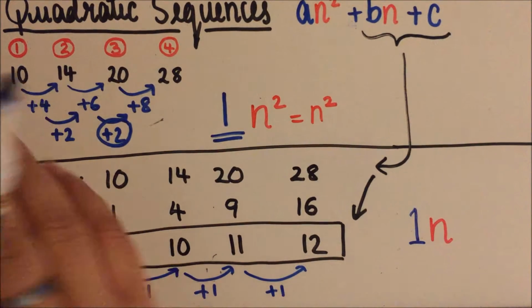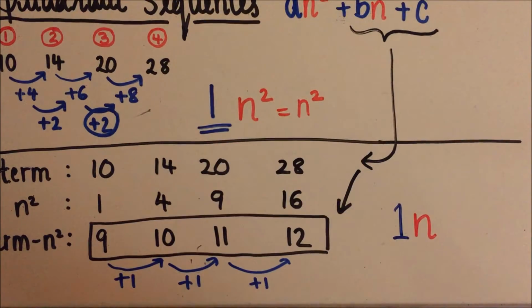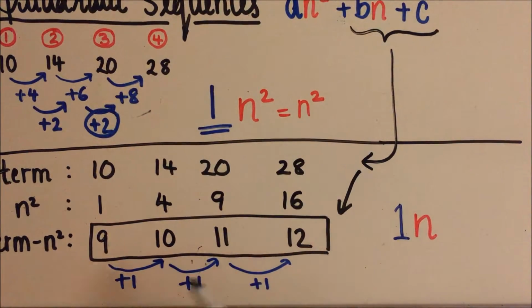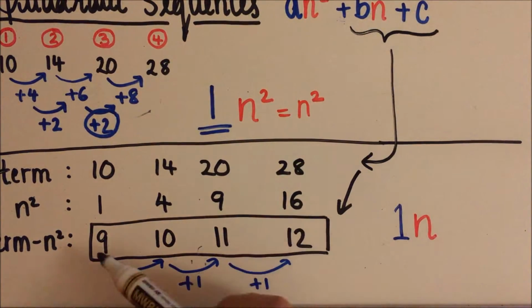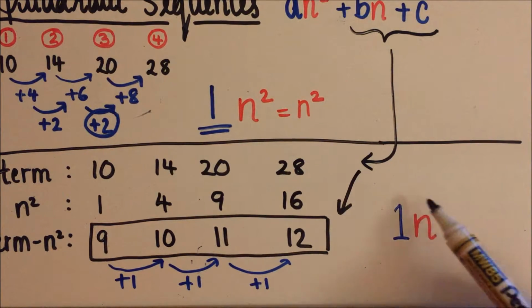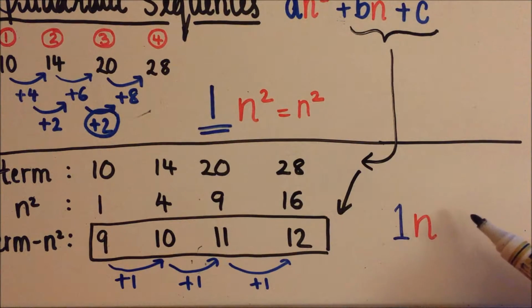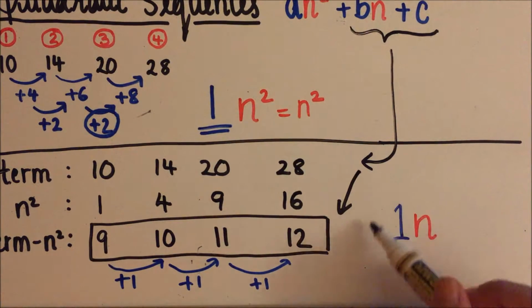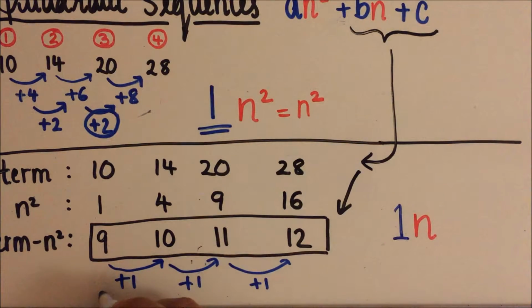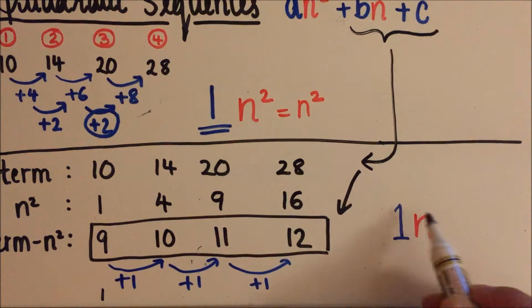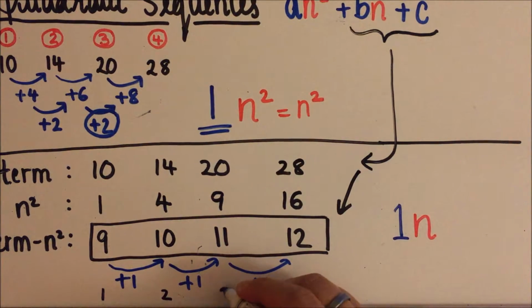Then the next step is to write down the value of whatever this would be when you put n equals 1 or n equals 2, n equals 3, and so on. So when n equals 1, we just get 1. When n equals 2, we just get 2. When n equals 3, we just get 3.